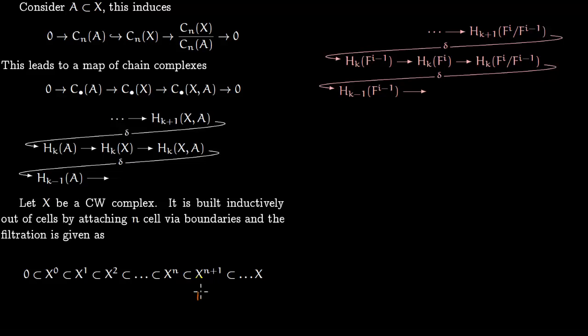You write it here as F_{n+1}, which would contain F_n and so on. Then instead of X_2 you write F_2, F_1, F_0. So this is the null set, and here we are also saying that there is a null set here.